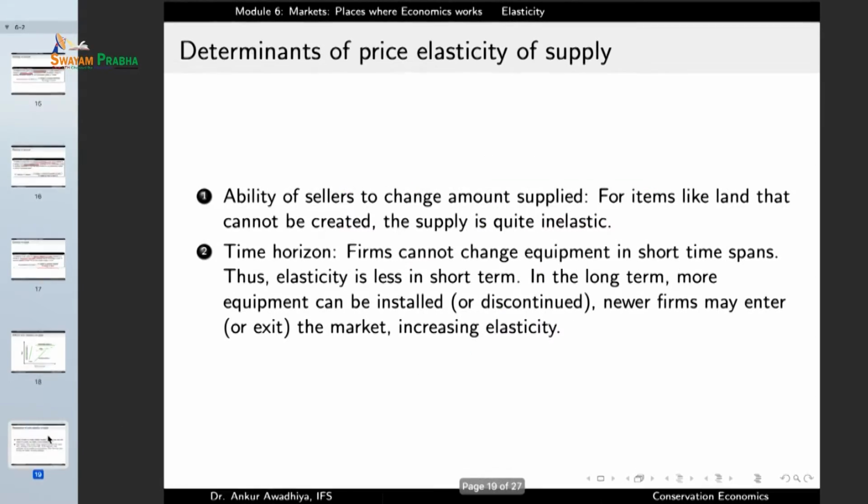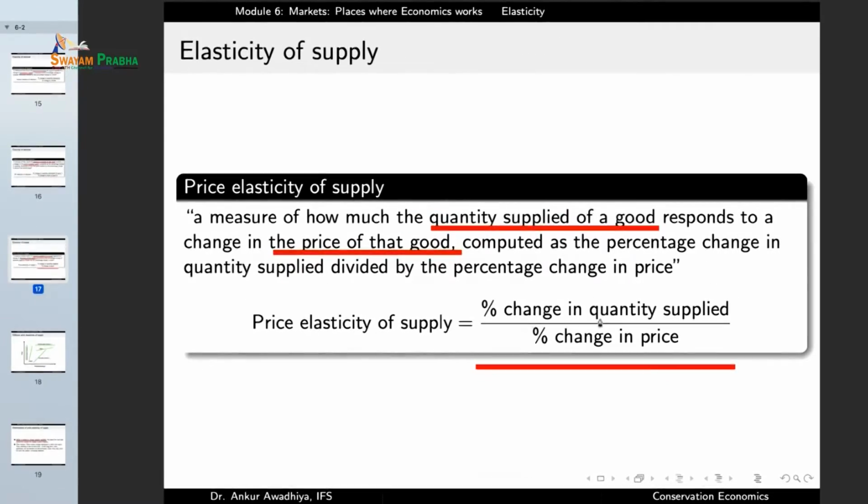Now the question is, what determines the price elasticity of supply? One is the ability of sellers to change the amount that is supplied, because there are certain items such as land that cannot be created, and in that case the supply has to be inelastic. Why? Because in this equation the numerator is the percentage change in the quantity supplied.